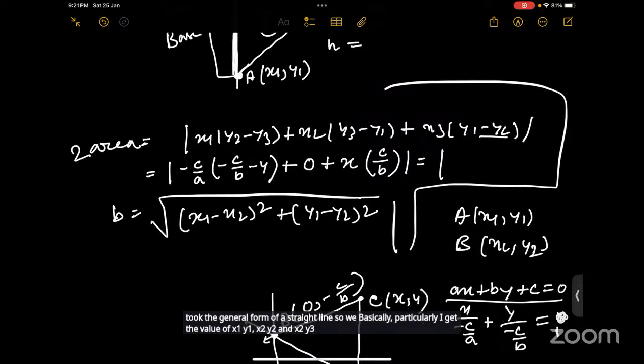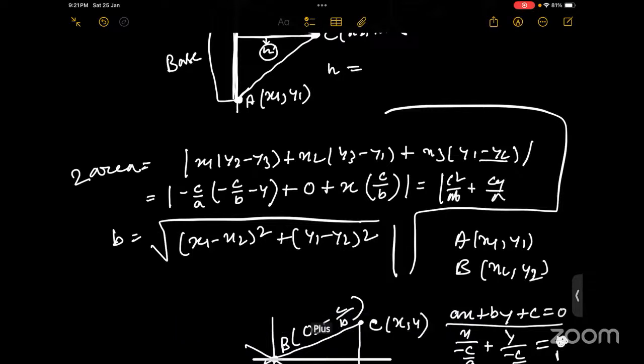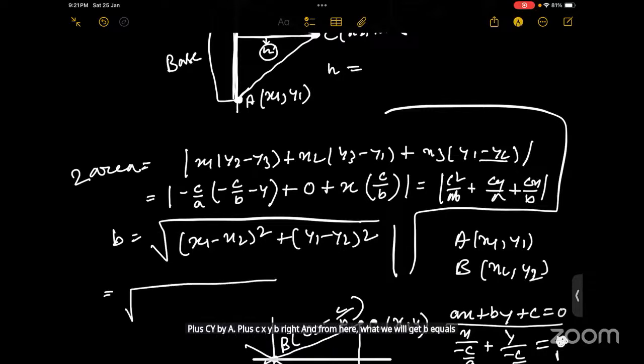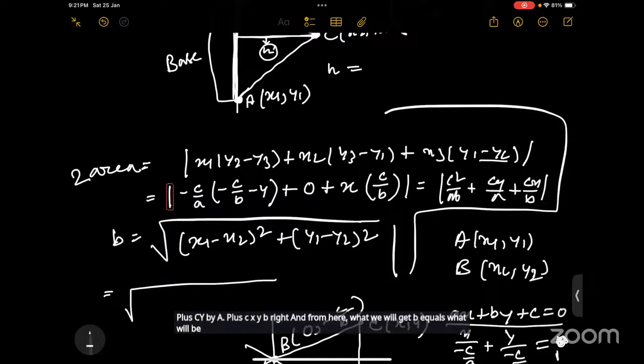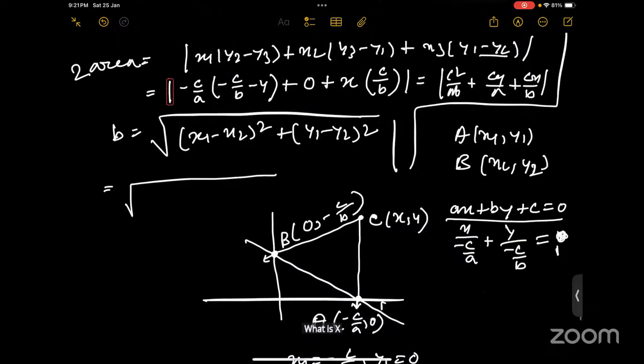Then our job is to put the values over here and get the final result. In the end, if I simplify it, we will get c square by AB plus cy by A plus cx by B, right? And from here, what will be the value of B? What is x1? x1 is minus c by A.